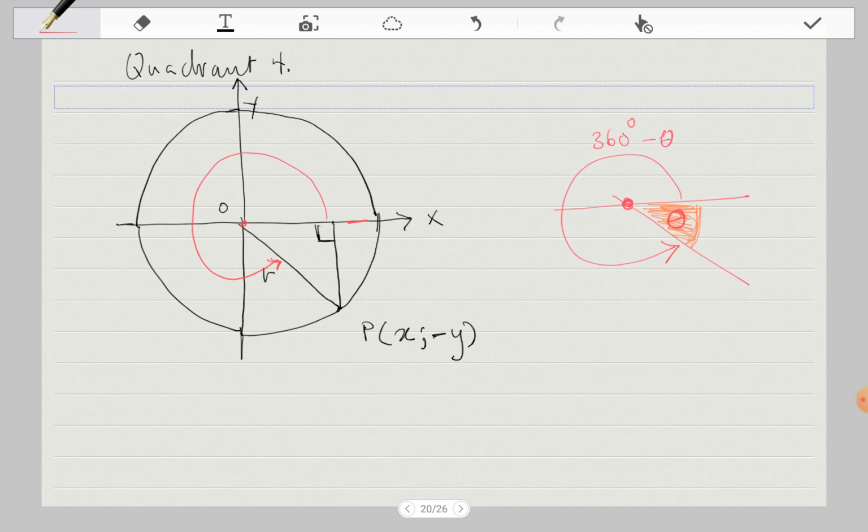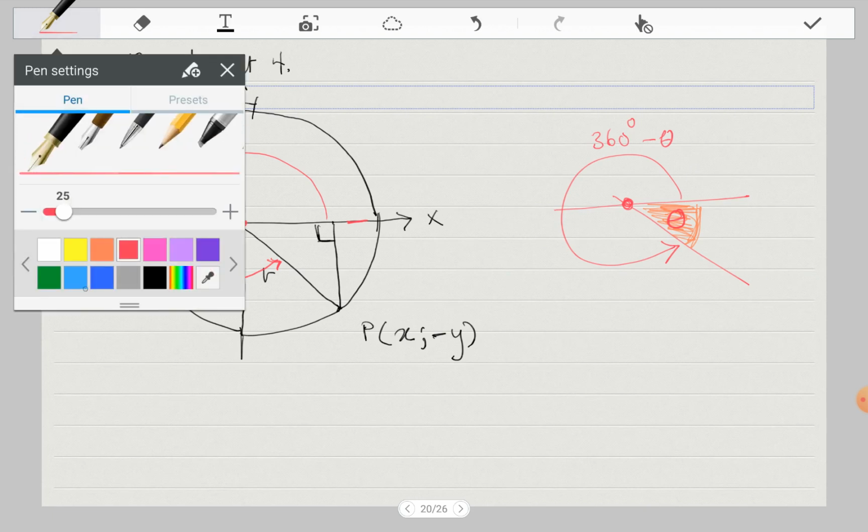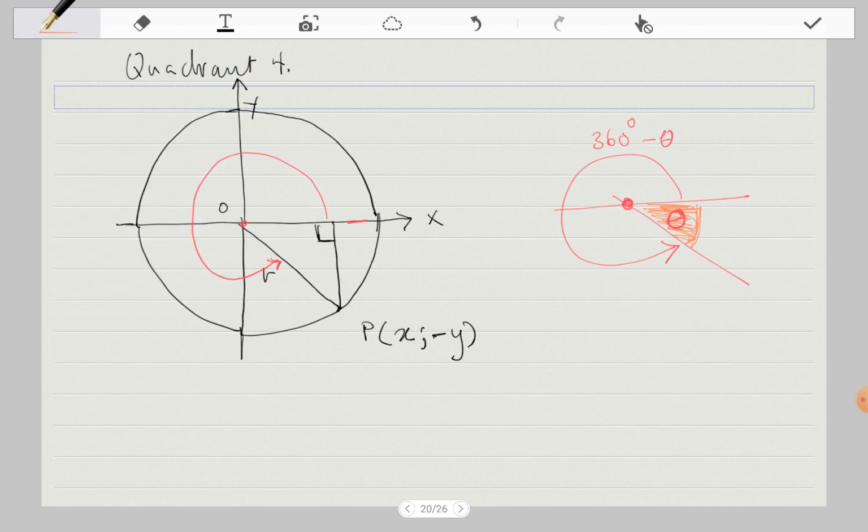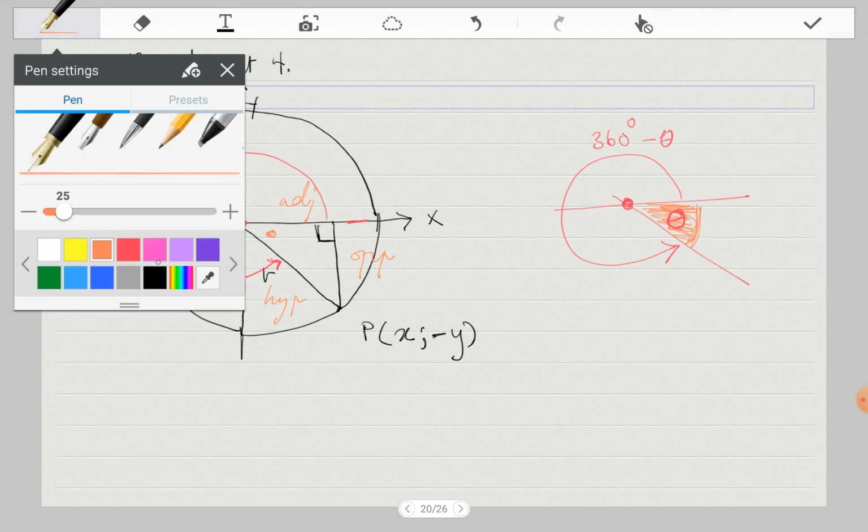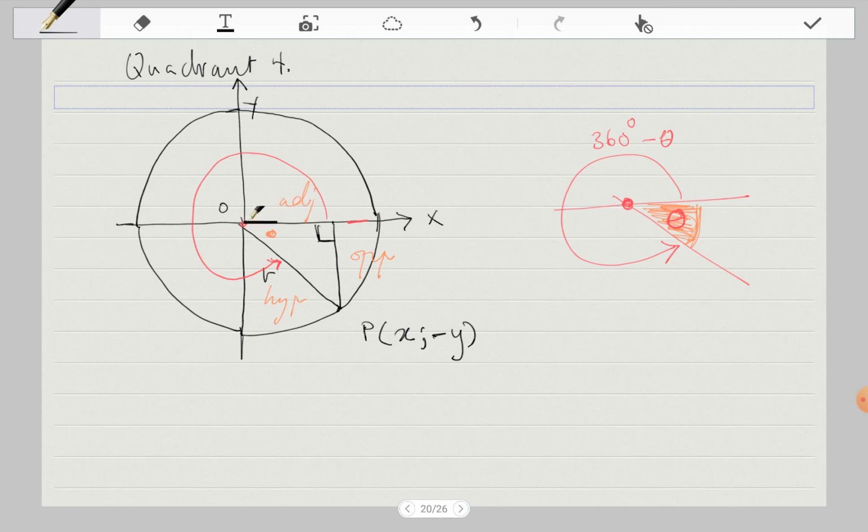All right, so let's do our ratios for this. If we're sitting on here as our angle, just remember that this would be your opposite, this would be your adjacent, and this would be your hypotenuse. If we go ahead and fill in the values there, from 0 to here would be positive x, and from there to there would be negative y.